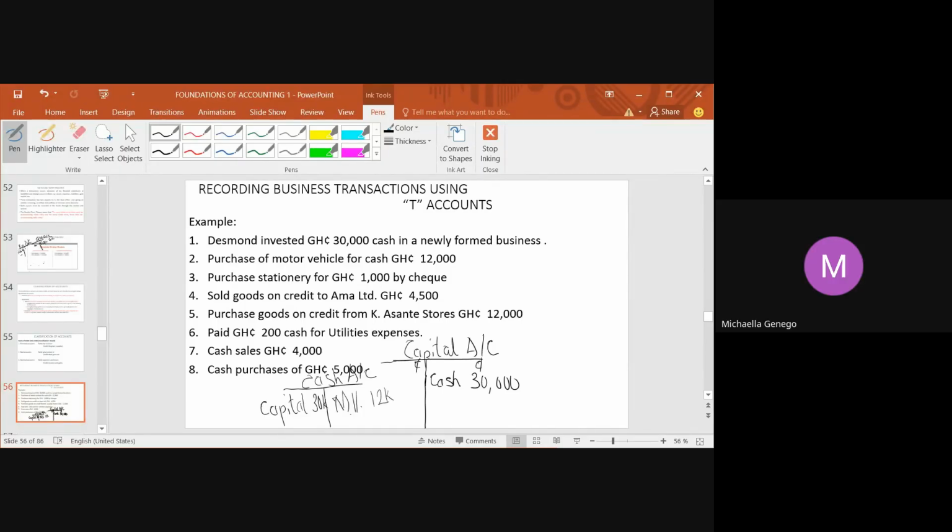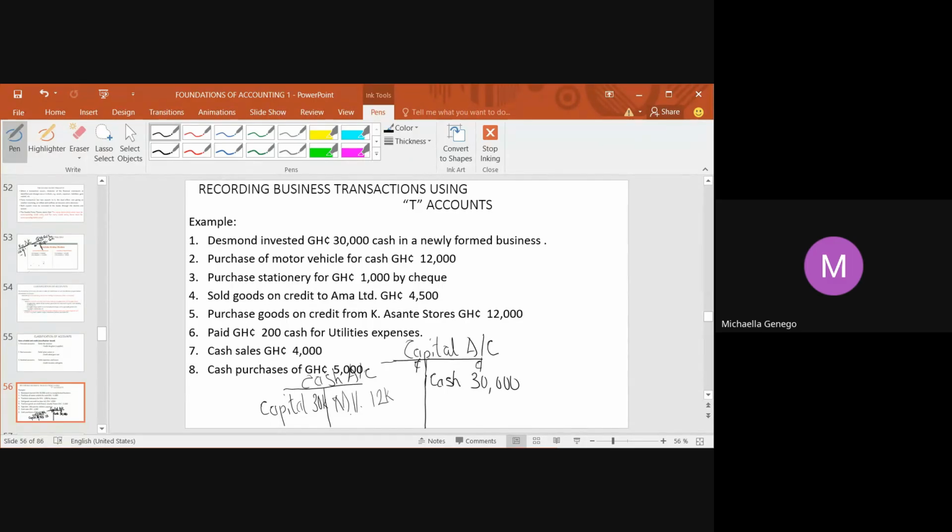Madam, why is it that the purchasing of motor vehicle, I think it's an asset. Exactly. So why don't we open an asset account, and instead we open the motor vehicle account? But motor vehicle is an asset to the company.